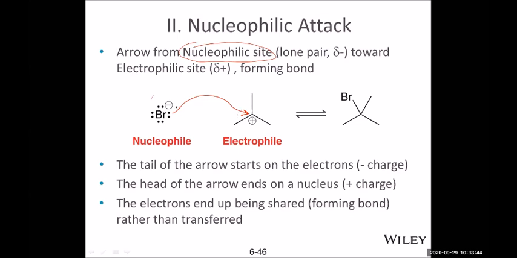And after this step, between bromine and carbon, the new bond is formed. So that's the nucleophilic attack. It looks very similar to proton transfer. The only difference is no hydrogens are involved in such a process.